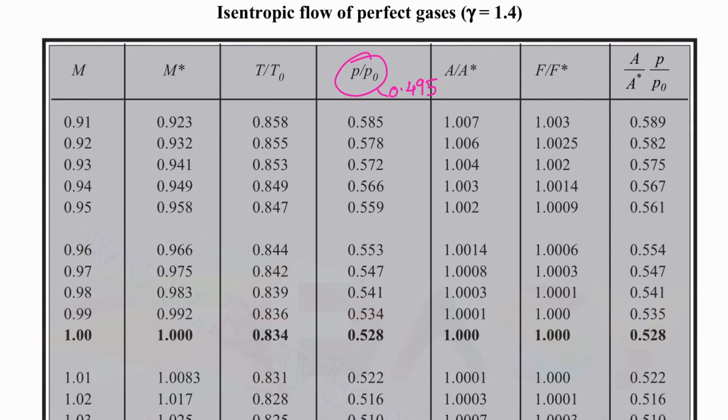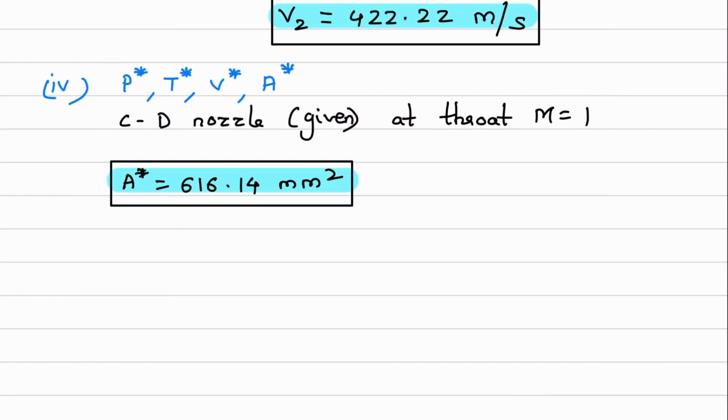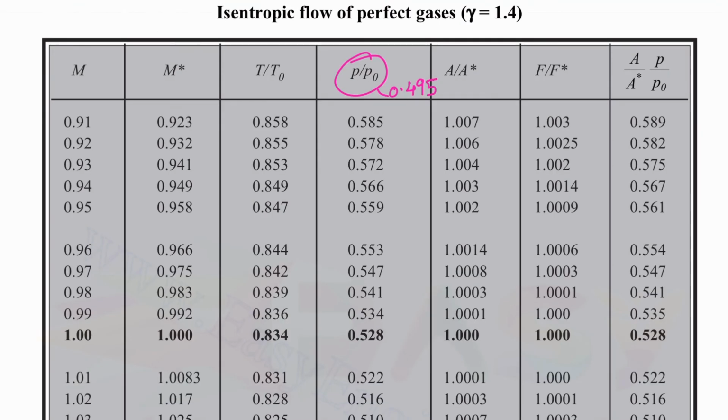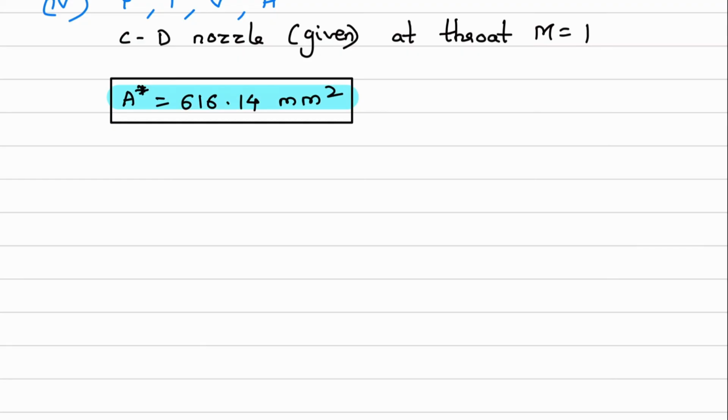So I'll go to the calculation part again. I'll write down over here the page number of the gas table, 31. So from page 31 of the gas table, what I'll get is P star by P0.